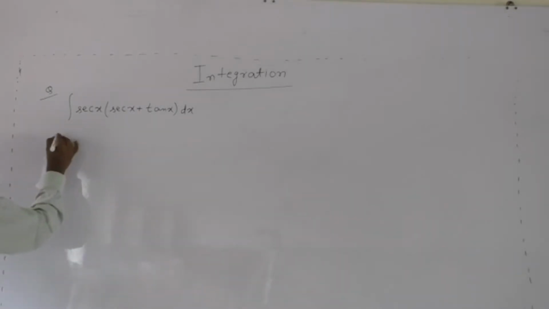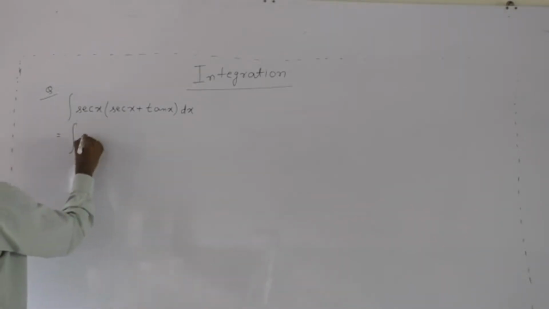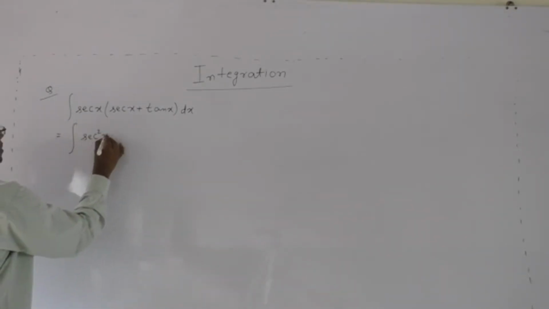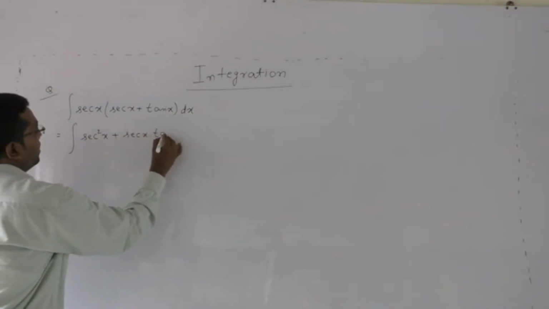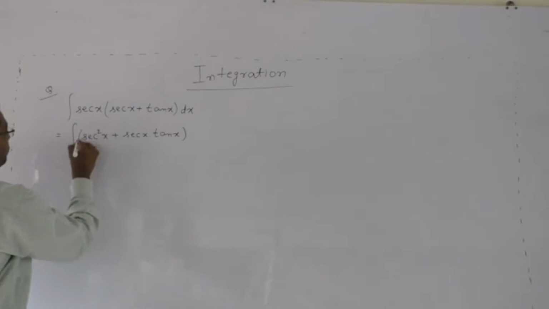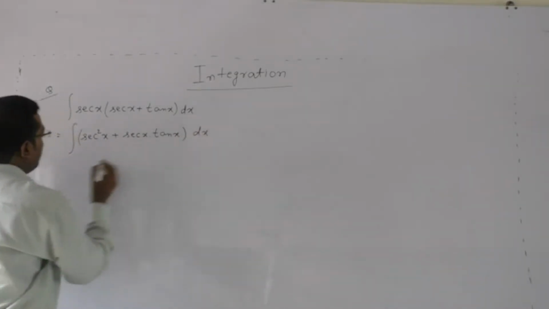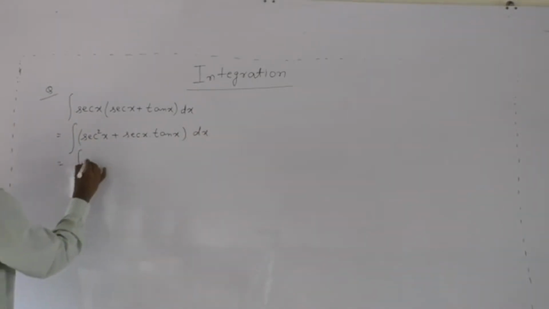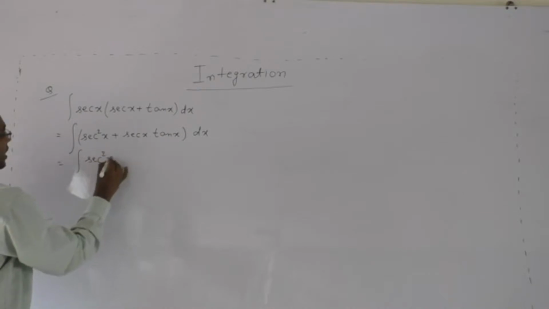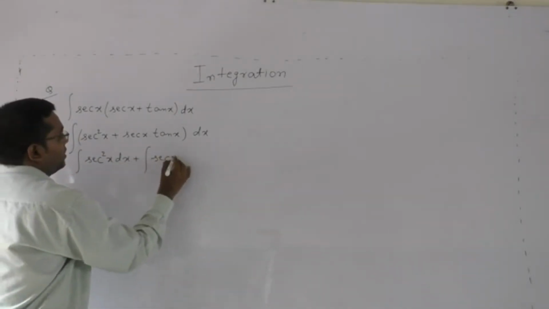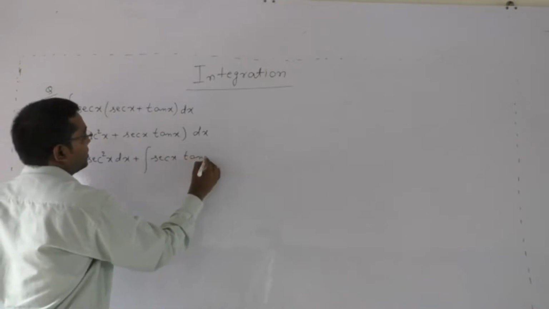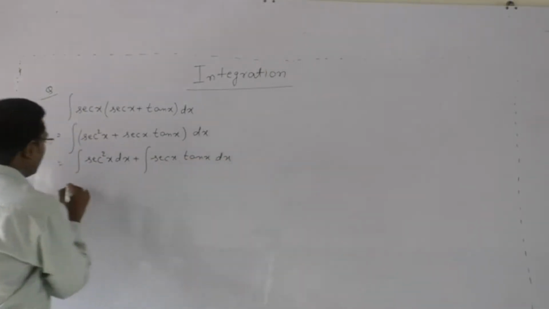So what we can write here, after multiplying we will get sec square x plus sec x into tan x dx. Now we can separate it: integration sec square x dx plus integration sec x into tan x dx.